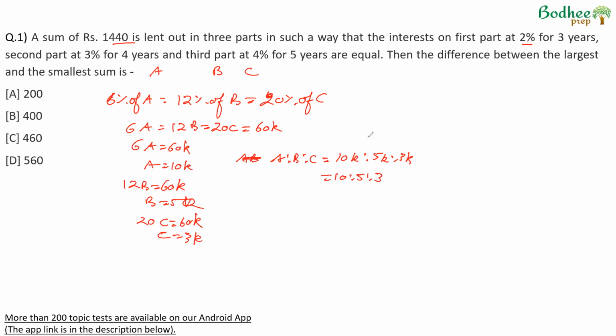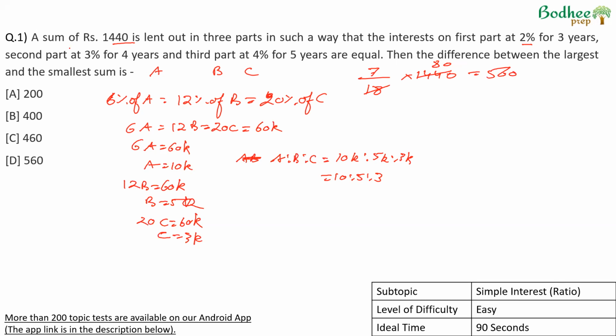The difference will be 10 minus 3, which is 7, upon 10 plus 5 plus 3, which is 18, into the sum, which is 1440. So 18 8s are 144, 7 8s are 56, therefore 560. So the concept of simple interest and ratios is involved, but overall I think it is an easy question with simple calculation. 1.5 to 2 minutes should be enough to solve this question.